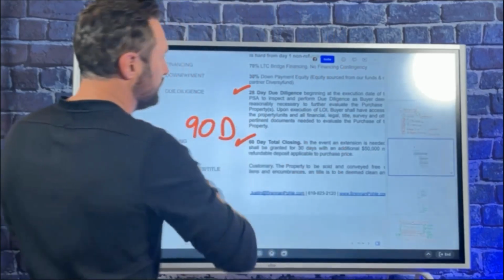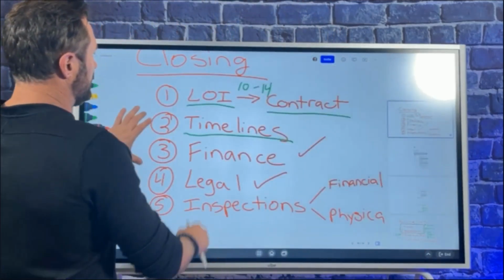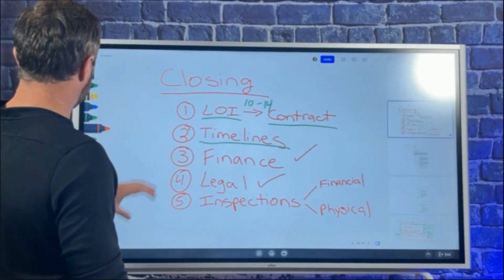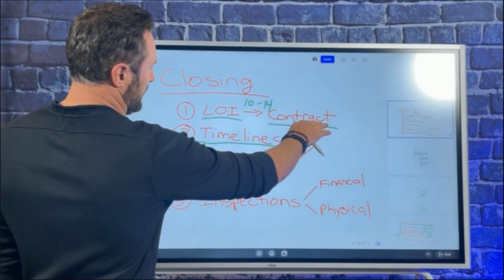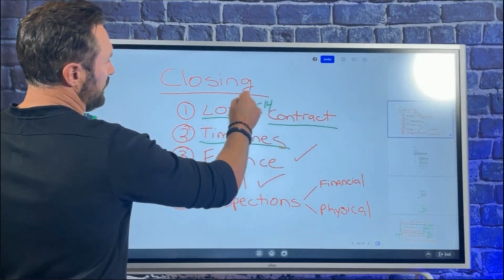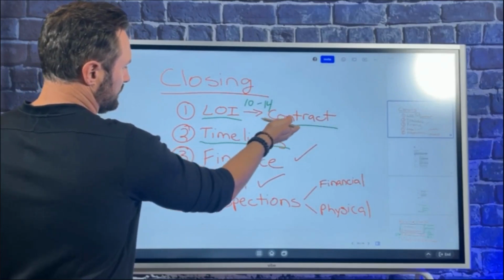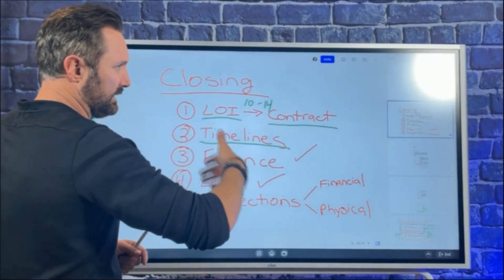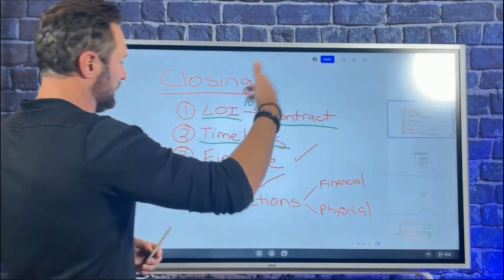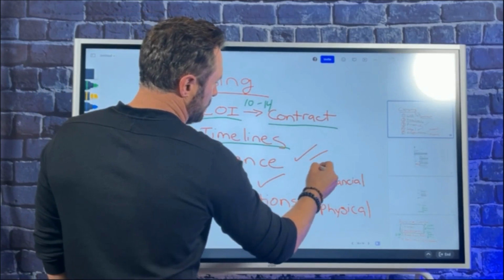And that's the process. And then once that's in, all the timelines are in place. So this is the process for closing. Letter of intent, like we just said, then it moves into contract. Usually it's a 10 to 14 day window between agreed upon the contract. Then you have all your timelines for your due diligence that you're going through, right? Inspections, financial, all that stuff. During this time on the finance side, you're getting your debt and your equity.